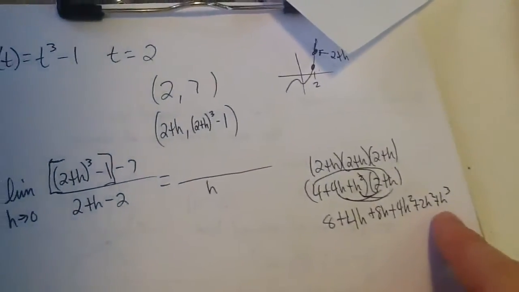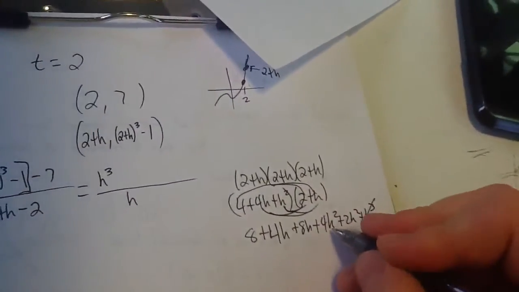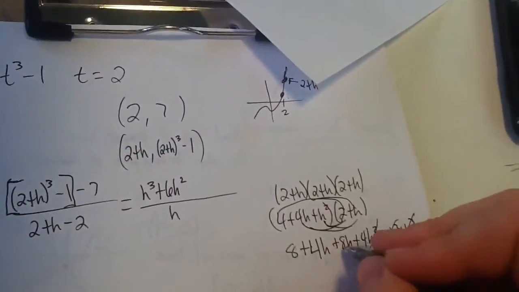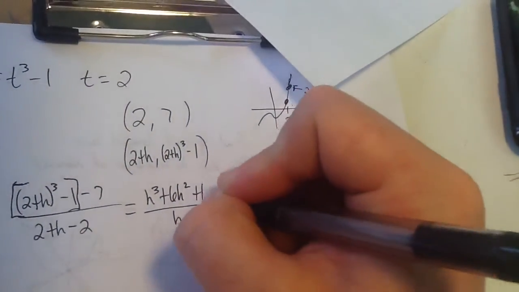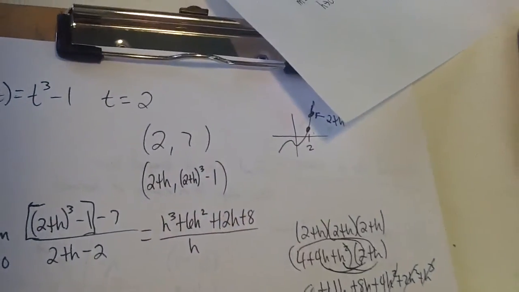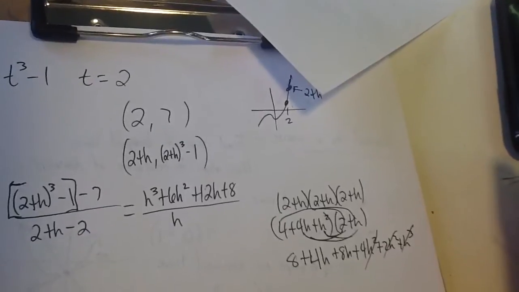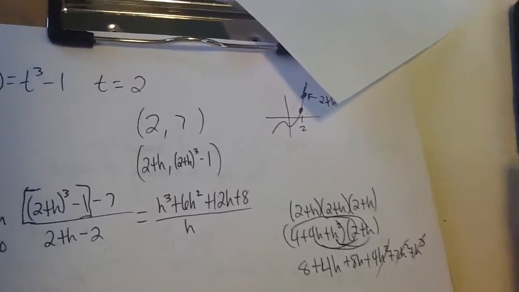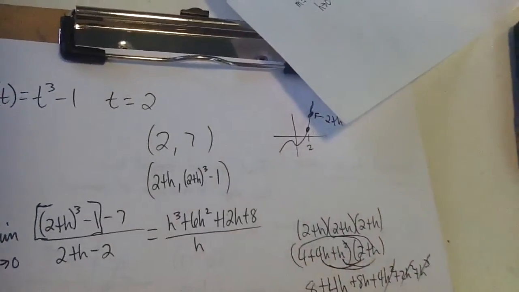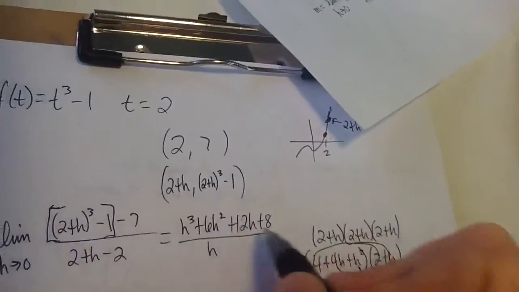Then h squared times that would be plus 2h squared plus h to the third. Combine like terms. So let's see, I got an h to the third. 2h squared plus 4h squared is 6h squared. 8h plus 4h is 12h. And plus 8. Something's wrong, because I forgot something. I just did that, 2 plus h to the third.